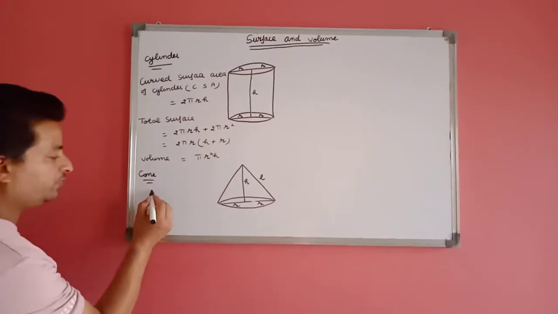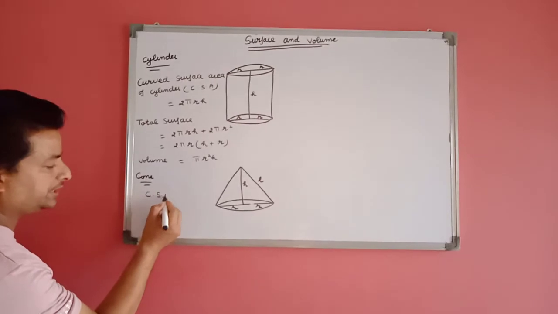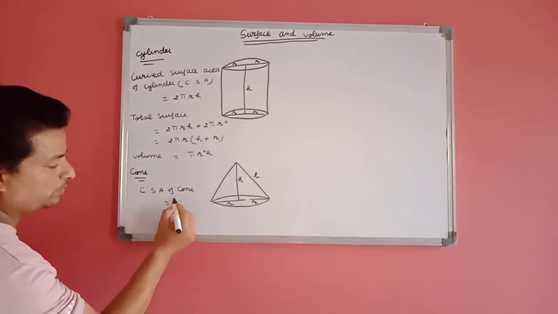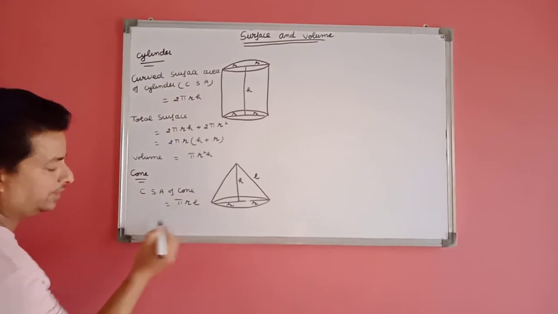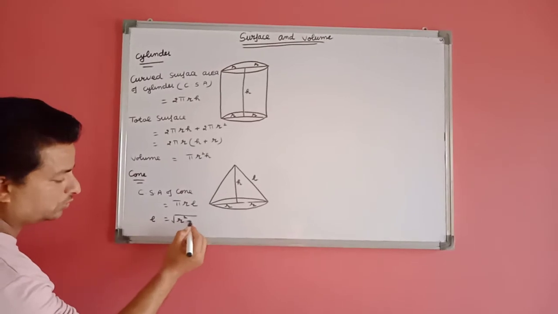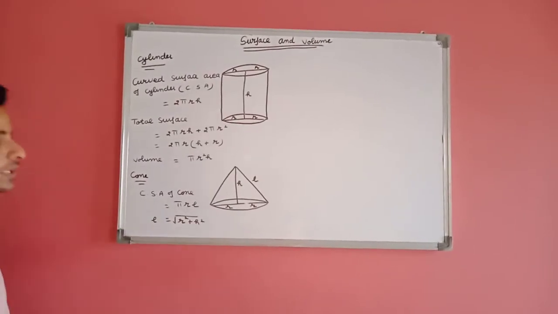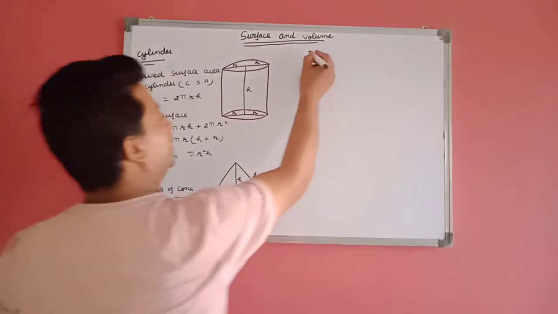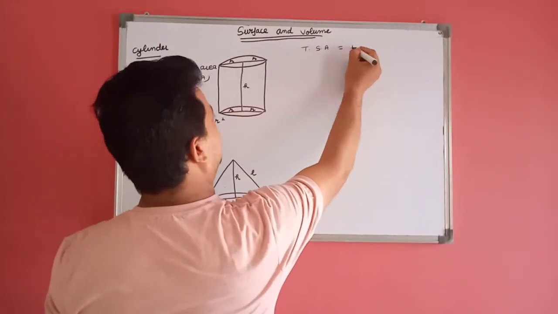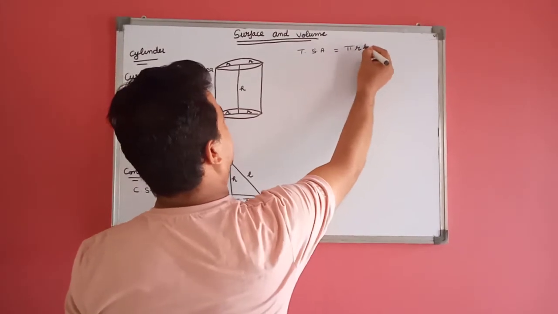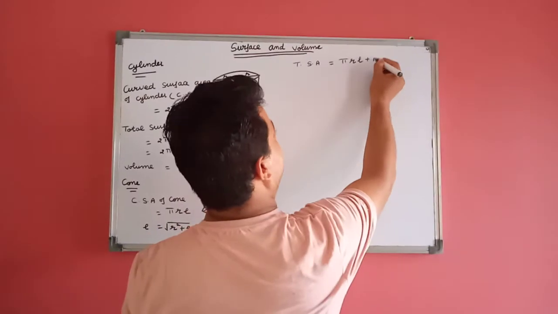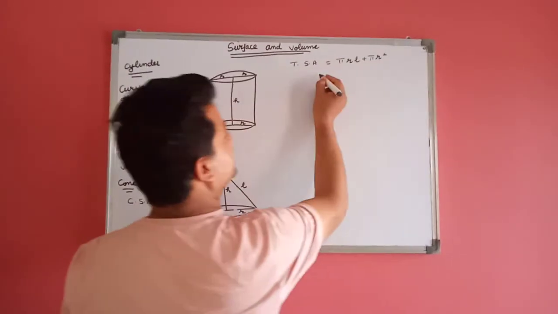First of all, we find the curved surface area of cone, which is equal to pi r l. In this, l is equal to square root of r square plus h square. After this, the total surface area is pi r l, that's curved surface area, plus the area of this base, which is pi r square.